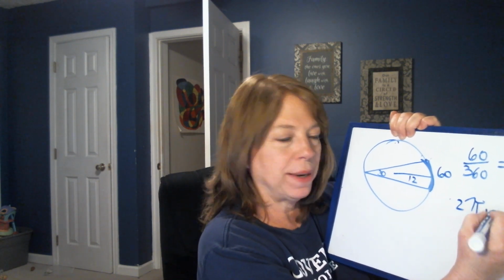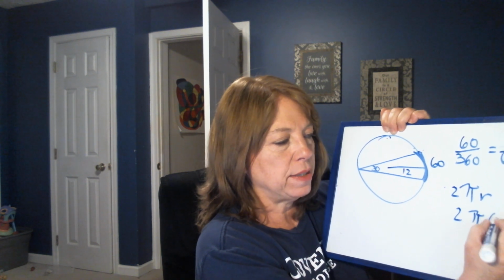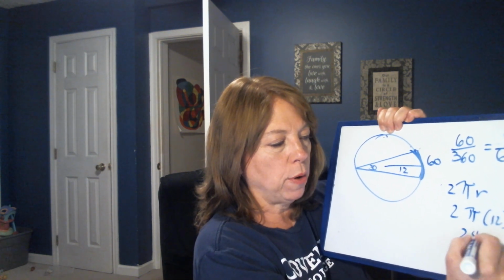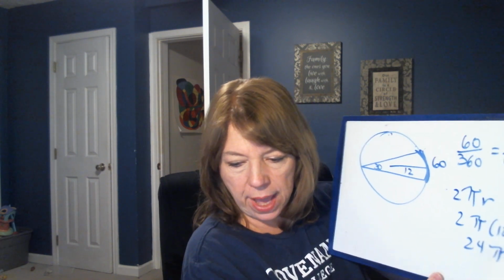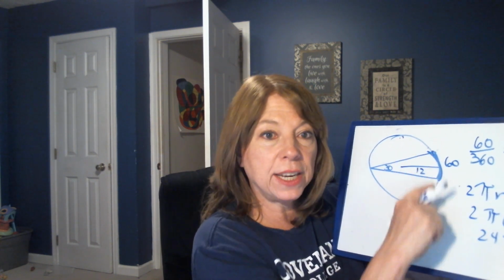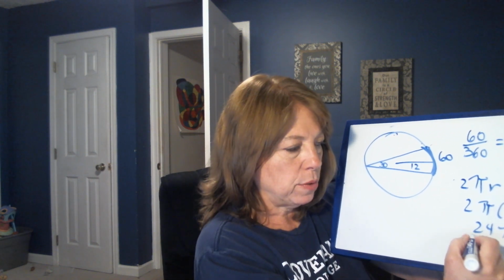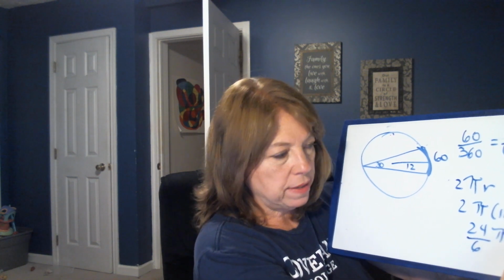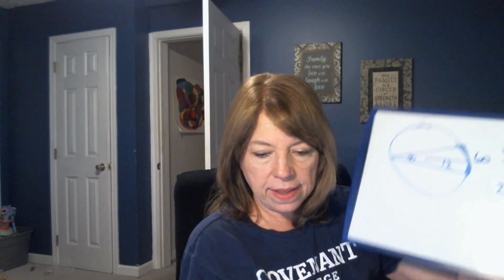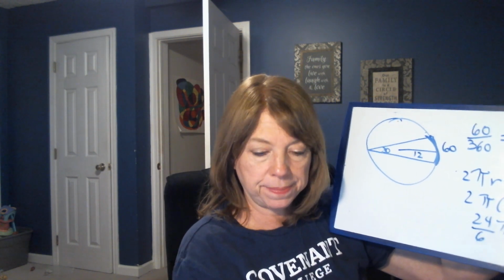We're going with that one because we have the radius. So 2 pi, and the radius is 12, so it'll be 24 pi. Now this little section is 1/6 of this, so we're going to divide that by 6. That gives us 4 pi as the length of this section right here.